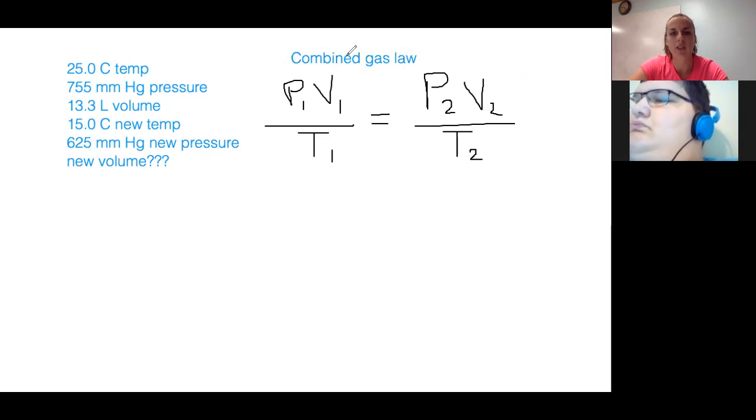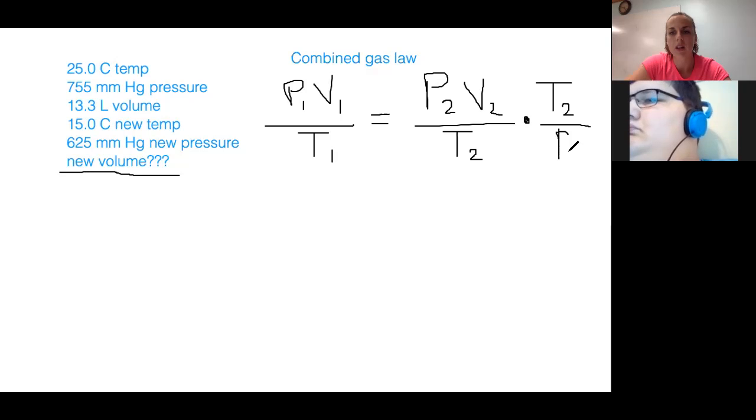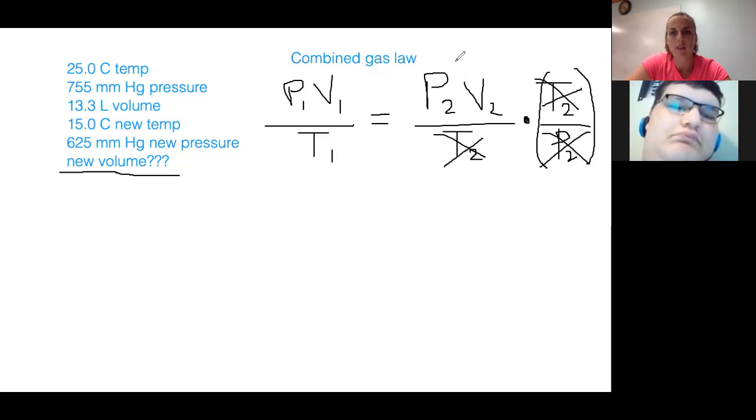Now I need to rearrange this for the piece that I'm trying to solve for, which is the new volume. If you write it out, this will help you. So I'm solving for V2, and I need to get it by itself. So what I'm going to do is multiply by T2 divided by P2. I'm multiplying this whole thing by this whole side of the equation, which means T2 will cancel out and P2 will cancel out, leaving V2 by itself here.